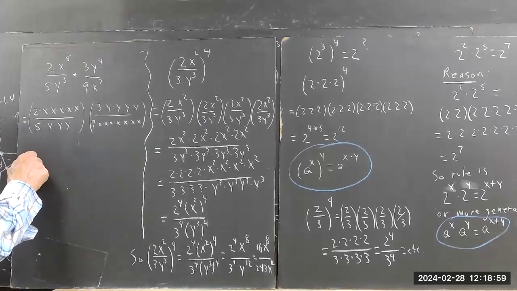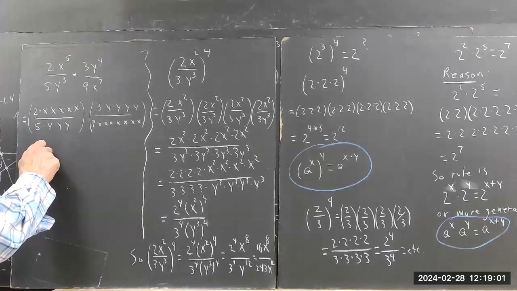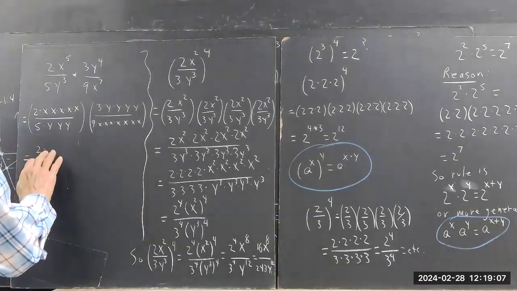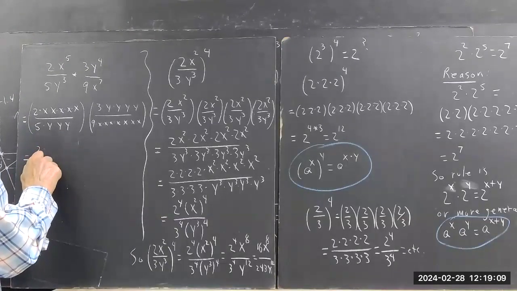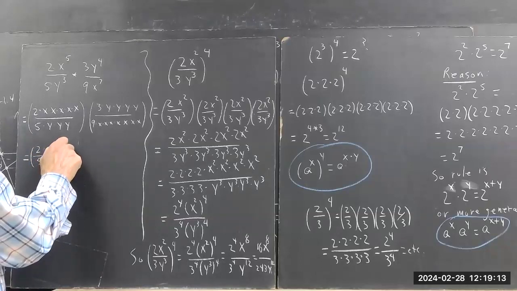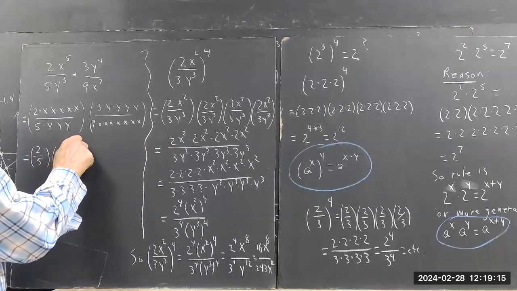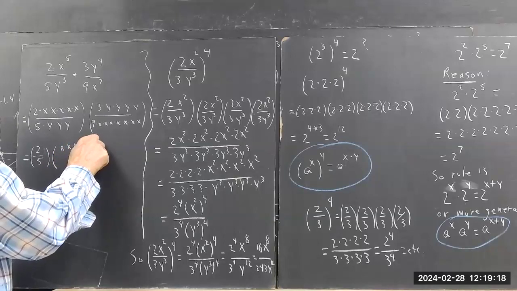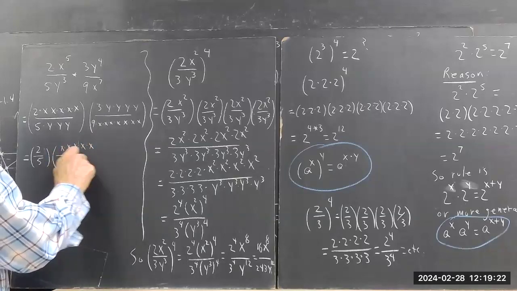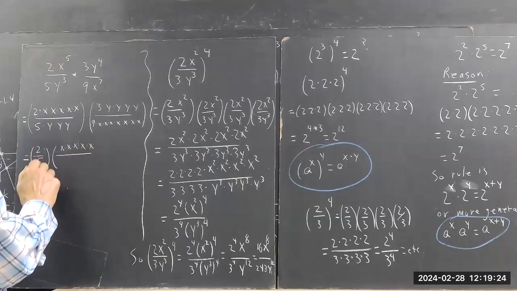So what we then have is, I can write this as 2 over 5 times... you might not think of this, and I think you'll understand it.